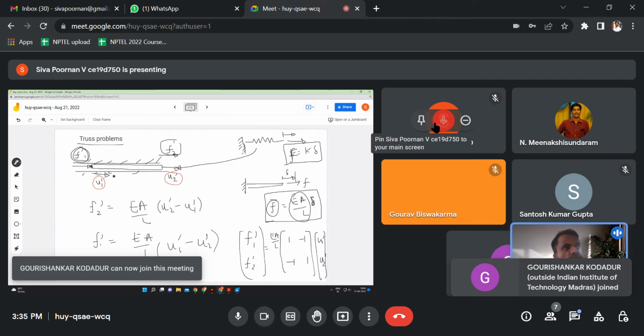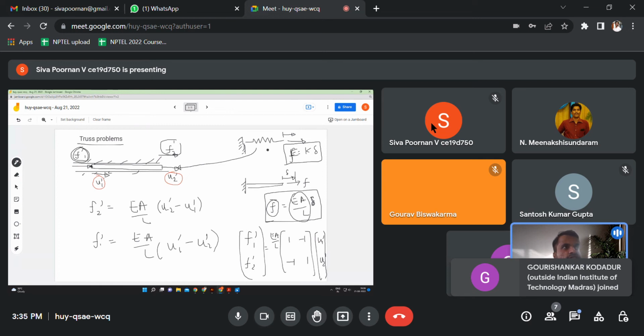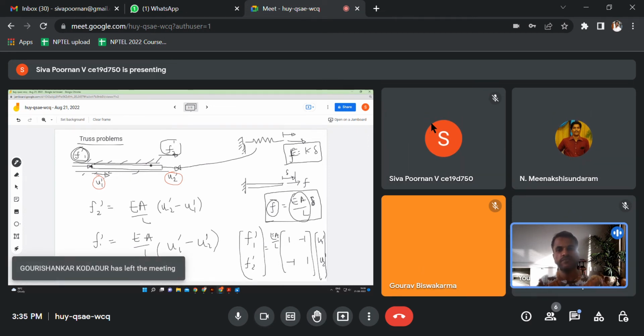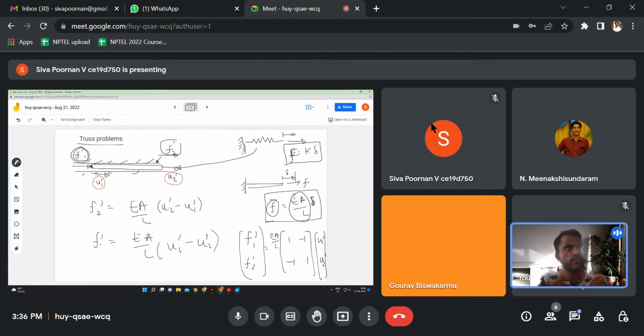But in reality, the cases are not so simple. We went from 1 degree of freedom to 2 degrees of freedom. But in real situations, we can have the bar inclined in any direction. The displacements may not happen only along the direction of the truss. They can also happen at any point, right?